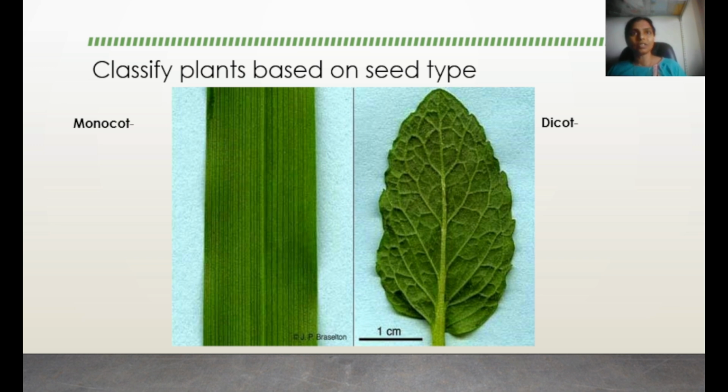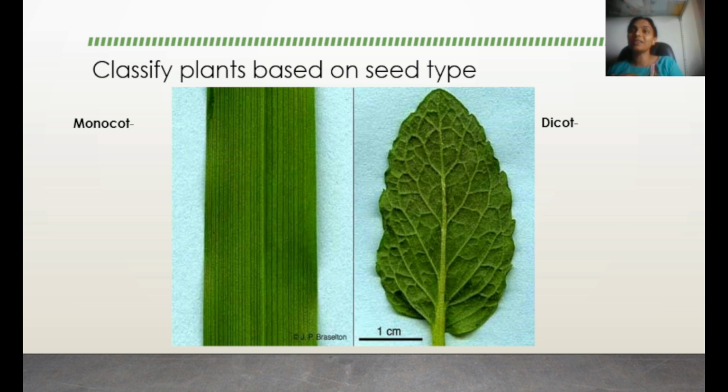So now, children, what do you think? Just by looking at the leaves, can we predict whether the seeds will be dicot or monocot? Yes, we can. If the leaves have this kind of crisscross network of veins, then we can predict that this particular plant, when it flowers and produces its fruit, with the seed inside, and you grow a new plant out of that seed, it is going to be a dicot plant.